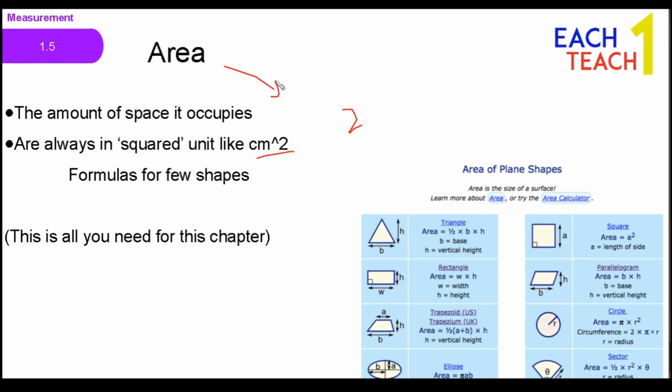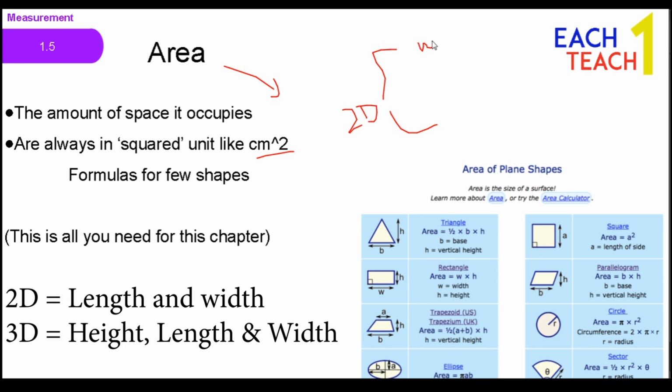In these 2D figures, there are only two things that come: width and length. Whereas if it is three dimensions, then you will have, sorry, this is not height, this is length, and height.